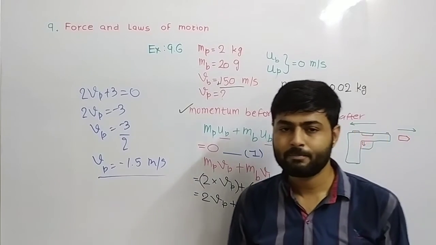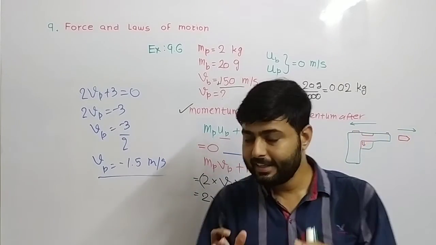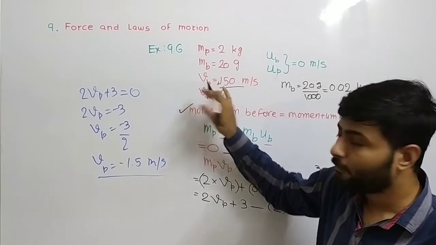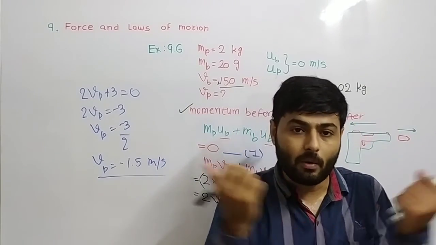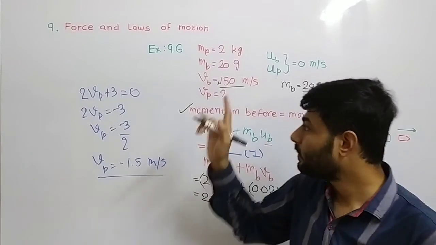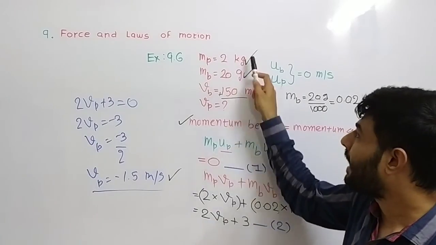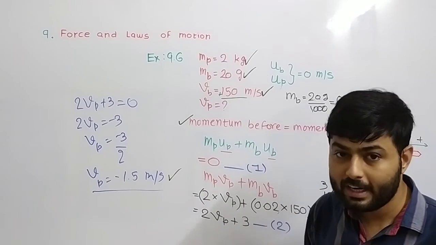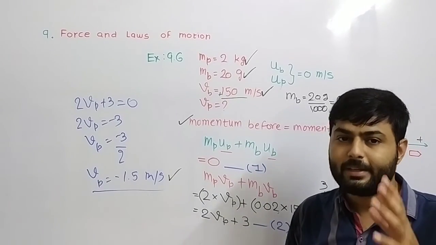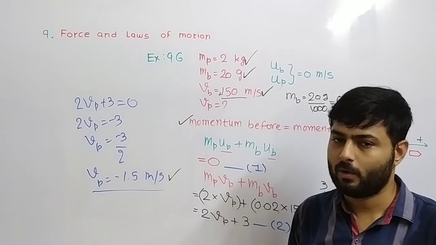Why did this happen? Because it indicates that the velocity of bullet and velocity of pistol are in opposite directions. The mass of the pistol is very high compared to the bullet, so the velocity of the pistol is very low.